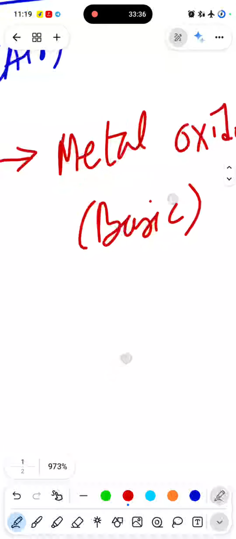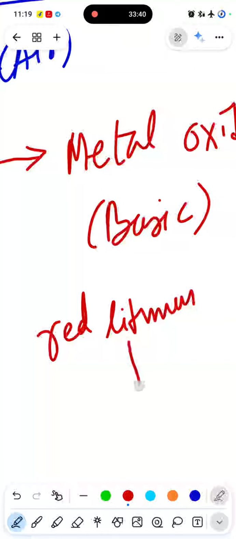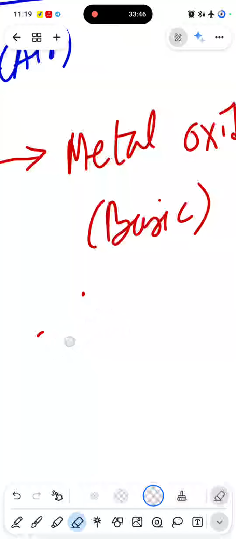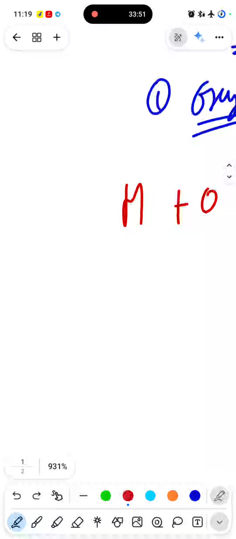That means they will turn red litmus to blue. Mind it. Okay, so this is the first point to be noted.